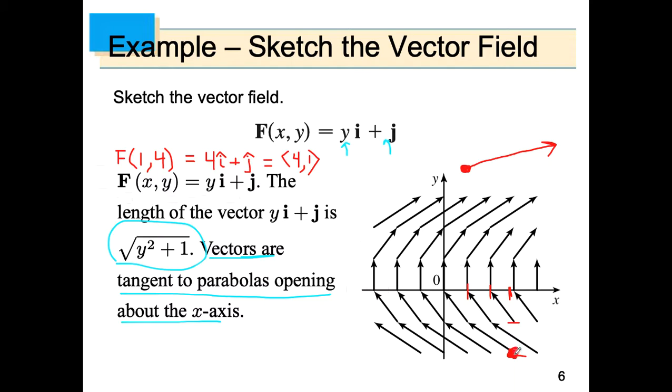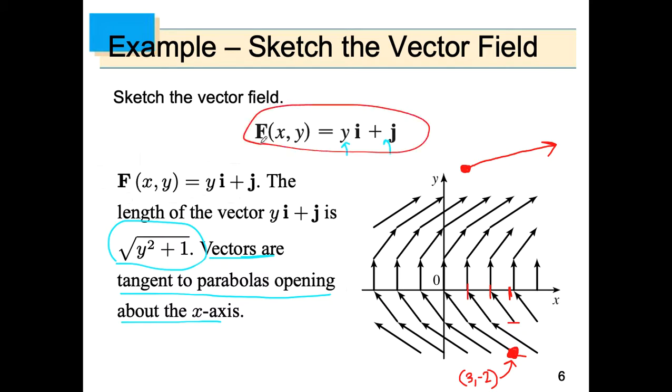So again, this point to me would be the point 3, negative 2. So if I plug the point 3, negative 2 into our vector field expression here, we would end up with the following. So does this vector that's being shown here make sense?